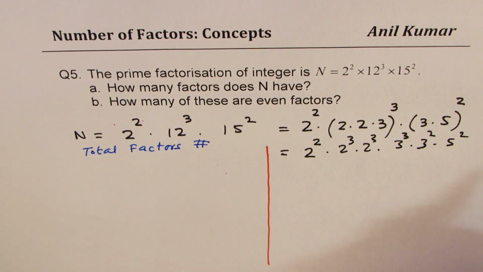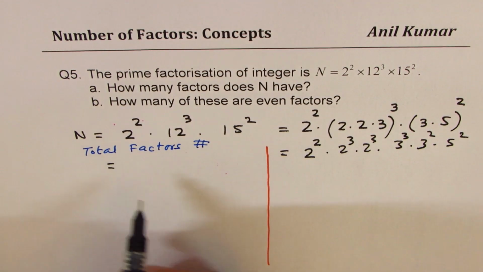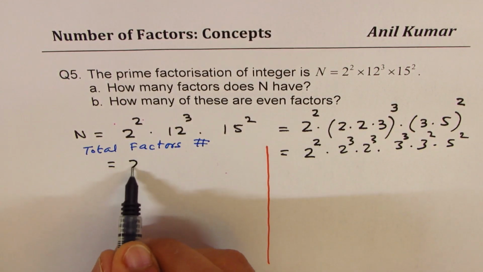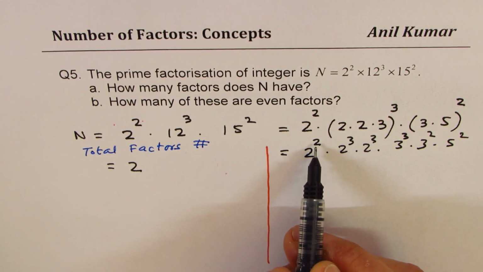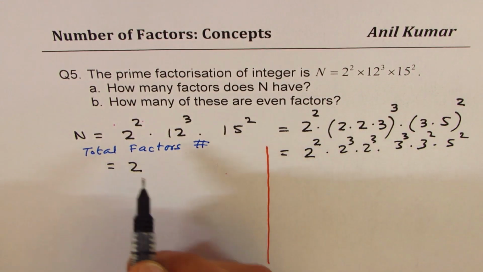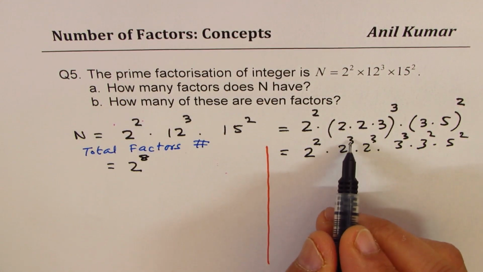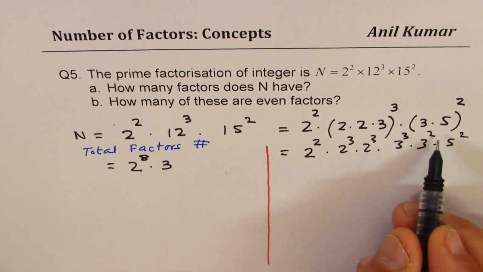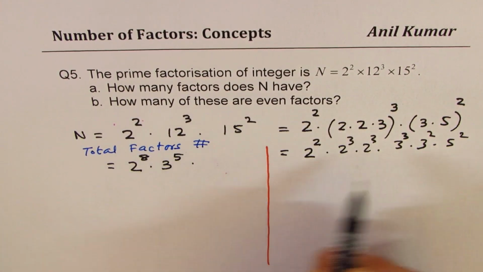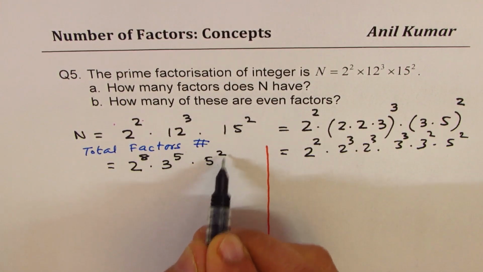Does that make sense to you? So in exponents, you have to add the powers. 2 plus 6 is 8. So we get 8, right? So 3 plus 3, 6 plus 2, 8. As far as 3's are concerned, we have 3 plus 2, 5. And as far as 5's are concerned, we have 2.